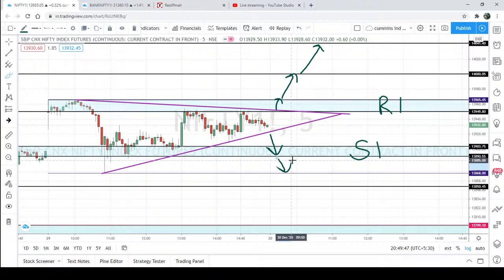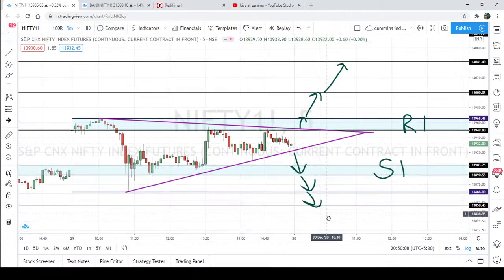And below this level, as I've said, it's an inside bar on 2 hour chart. Any breach below 13,868, we can see prices moving to 13,850 and 13,800.